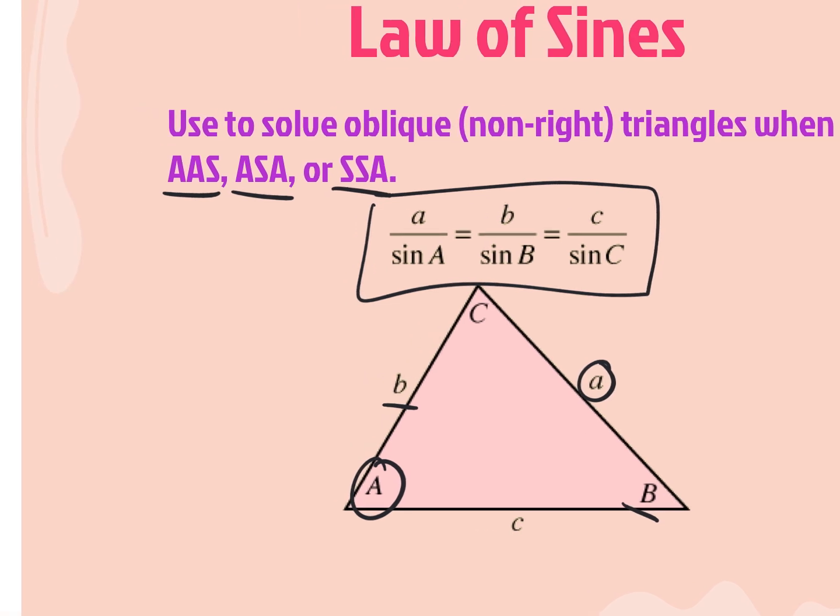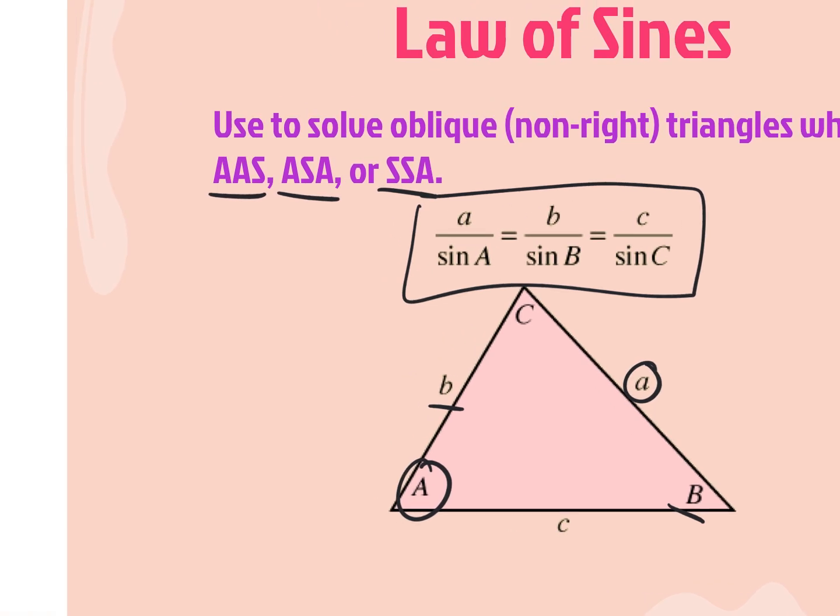You can also similarly write it a different way. Now, this is how I show you guys in class. I would do sine A over A equals sine B over B equals sine C over C. You can do either way that you want, right? But what you're going to use depends on what information you're given.